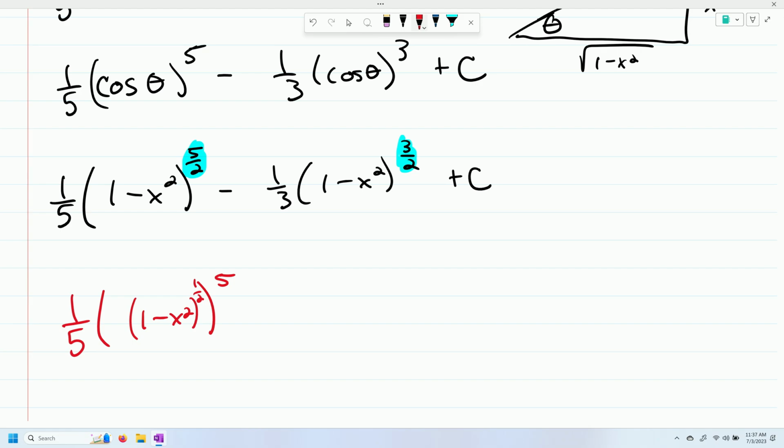And when you have a power raised to another power, you multiply them together. So for the first, that's how I got that. And obviously for the second, this minus 1/3 is really the square root of 1 minus x squared, all raised to the 3rd. But the square roots can be rewritten as a fractional exponent, and 1/2 times 3 is 3/2.